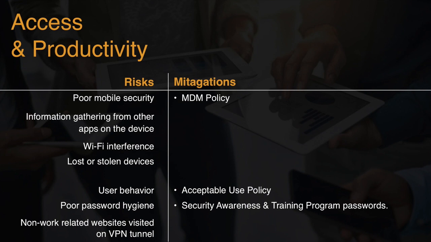This can help with other risks too, like data leakage, Wi-Fi interference from unsecured networks, poor password hygiene, and even physical device breaches. MDM tools can reject connections to unsuitable networks, impose password requirements, and remotely wipe data from lost or stolen devices.